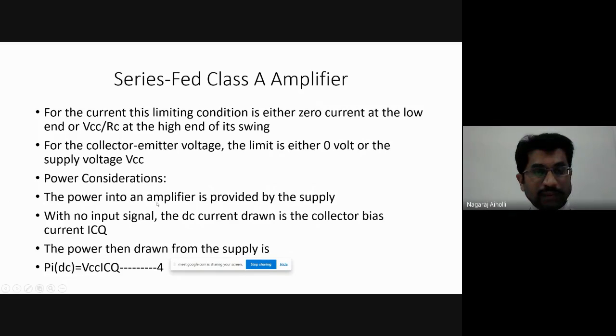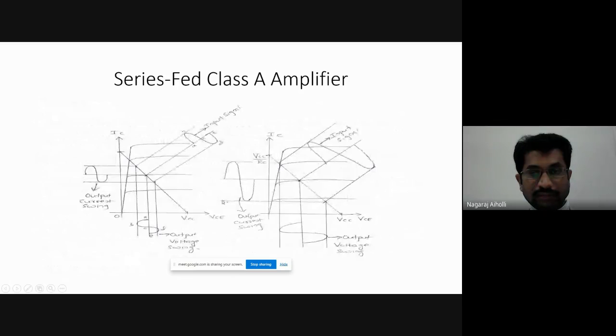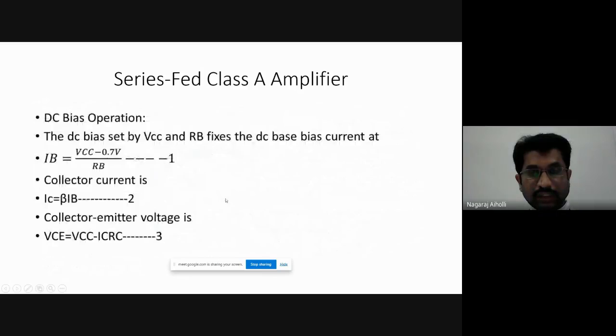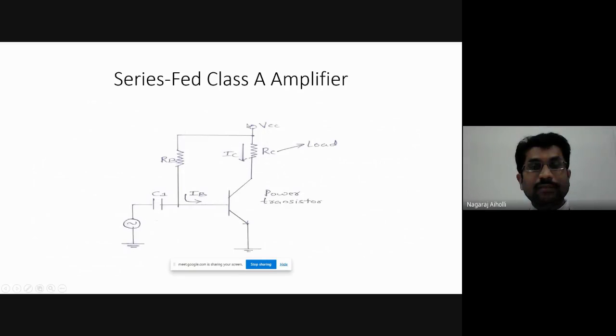The power which is applied to the amplifier is provided by the supply voltage. Whatever VCC we are applying to the circuit will provide the DC power to the circuit. So this DC power is given by the product of V and I. Is it not? Power is the product of voltage and the current. You have studied this.